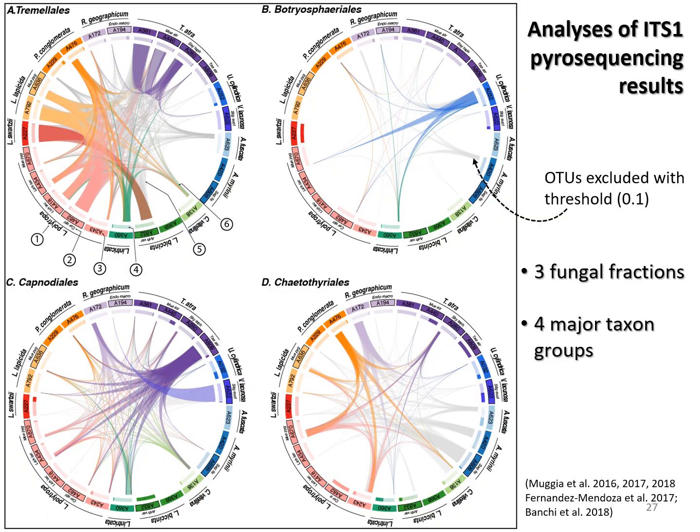Not only that, we have nowadays also the possibility to sequence with deep sequencing the whole diversity in the lichen thallus. So metabarcoding analysis helped to identify the whole fungal community, the so-called lichen microbiome, inside the individual thalli. And it was possible to distinguish three major fungal fractions that are representative of different groups of fungi more or less specifically associated to the lichen thalli.